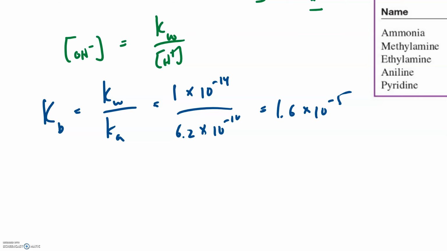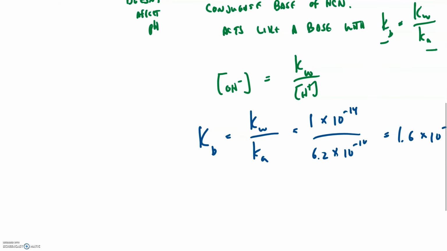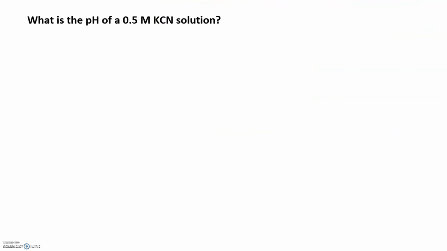So let's try one. Here's the kind of question you could expect me to ask. What's the pH of a 0.5 molar potassium cyanide solution? All right, let's say we're starting this one from scratch. We know that KCN is going to dissociate into K plus and CN minus.